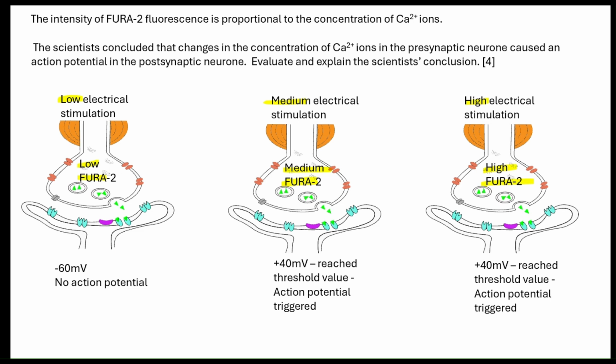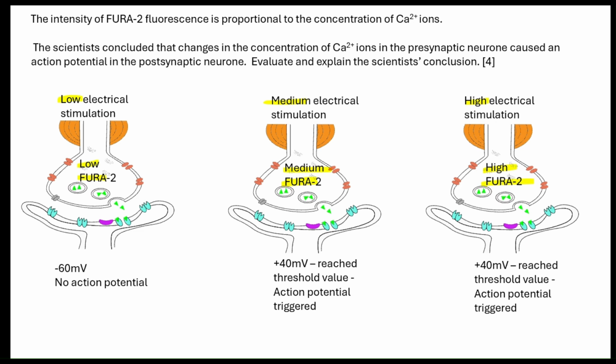So if we're going to explain the scientist's conclusion, we have to think about the fact that when there is a medium and high stimulation, the calcium ions are going to move into the synaptic bulb. Well, they also moved in when there was a low stimulation, because there was a fluorescence of calcium.